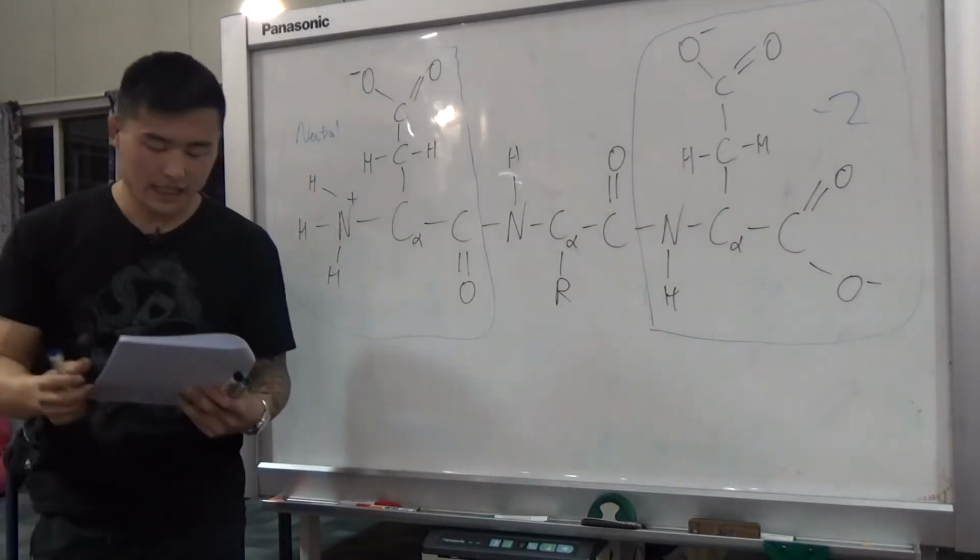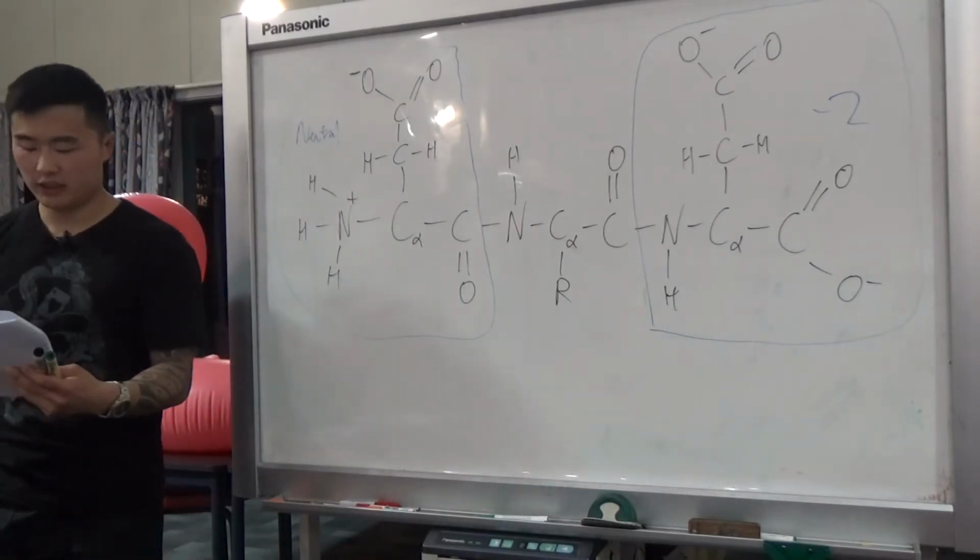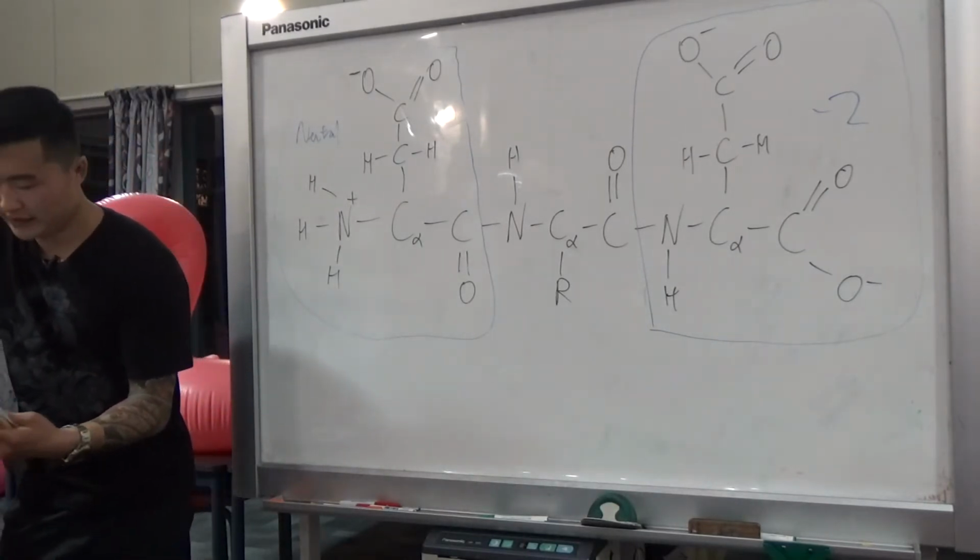So then alpha helices are stabilized by what type of bonds and what are their key properties?